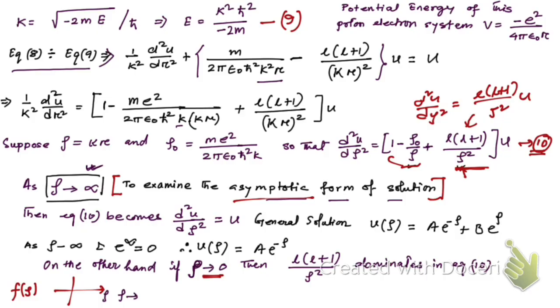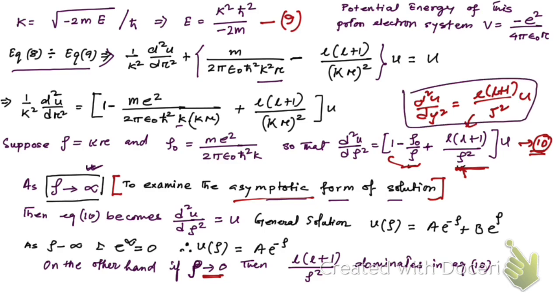If rho tends to infinity, and its graph approaches towards a particular line, but it never touches that line, then this is called asymptotic behavior. Okay, so hope you have understood clearly what is asymptote.